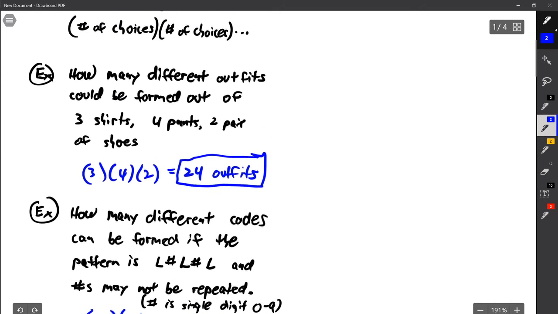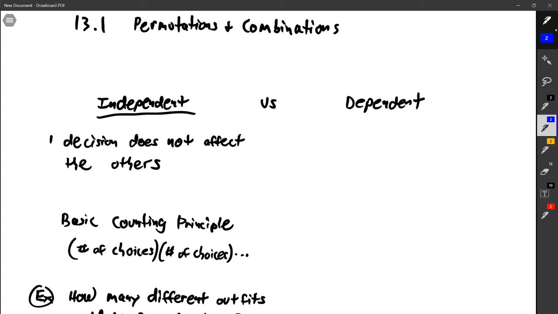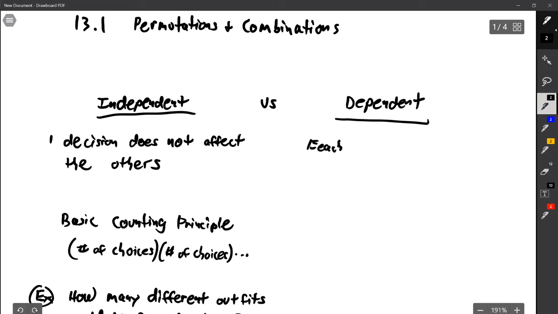Hopefully that makes sense. The next, let's move on to dependent. So here we have each decision removes one option.